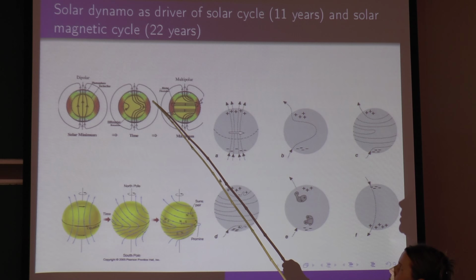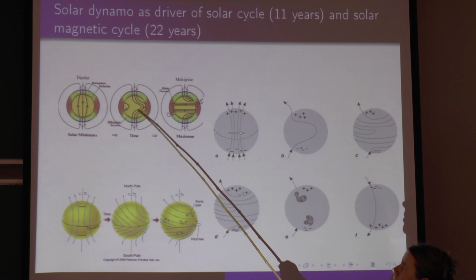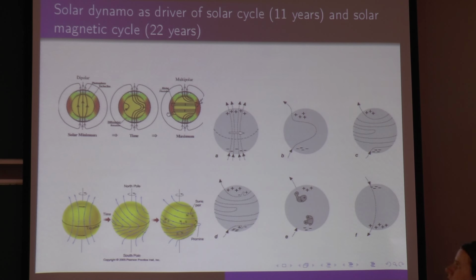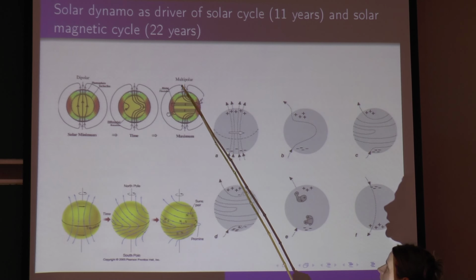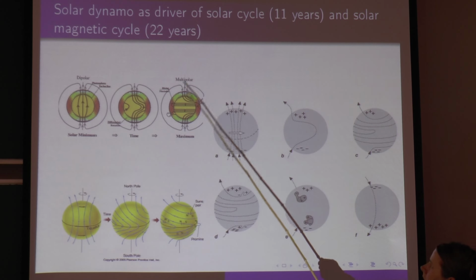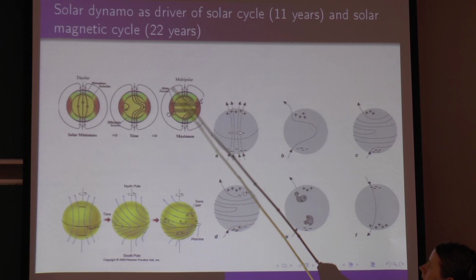The equatorial region rotates with a period of 27 days, and the polar region rotates much slower with a period of about 40 days. And due to this transformation, we have in the maximum of solar activity a very mixed situation and a dominant toroidal field.